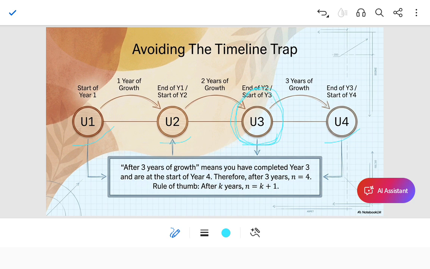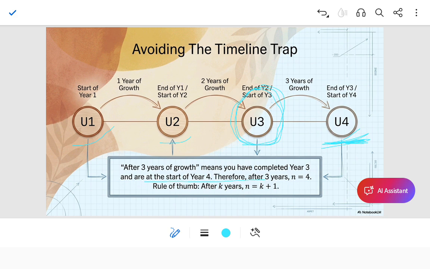If we say after 3 years of growth, we are referring to the 4th year. It means you have completed the 3rd year and you are at the start of the 4th year. Therefore, after 3 years, N is equal to 4.